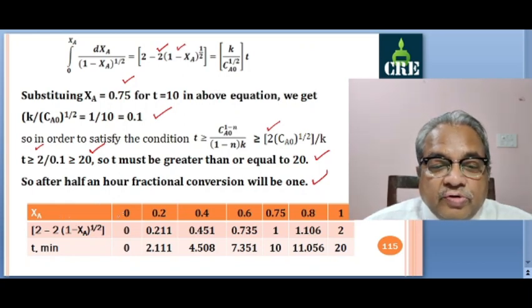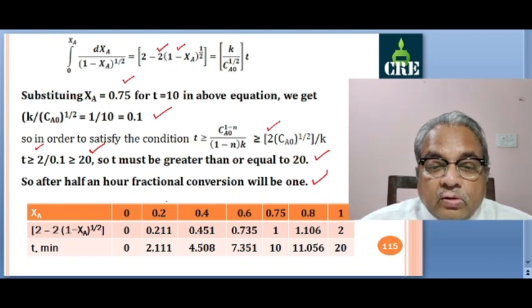For different values of Xa, 0.2, 0.4, 0.6 up to complete conversion 1, I calculate this bracket. Substitute Xa equal to 0, Xa equal to 0.2 and calculate all these values. K by Ca0 raised to half is 0.1, so this value divided by 0.1 is the corresponding time t.